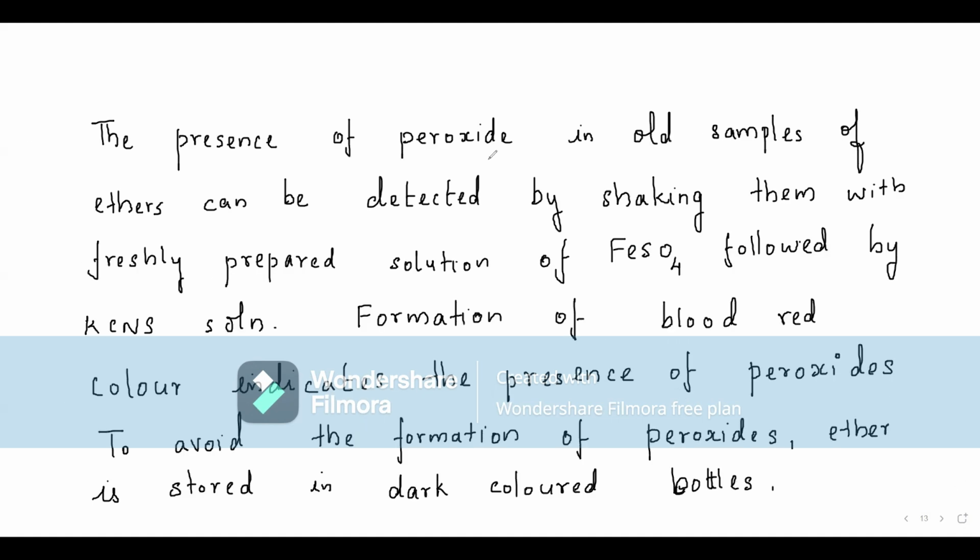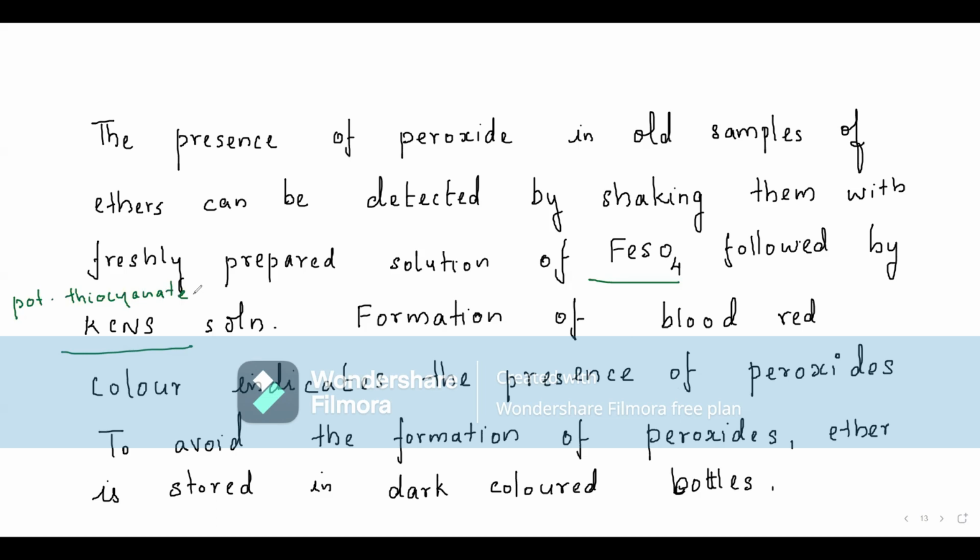The presence of peroxide in samples of ethers can be detected by shaking them with freshly prepared ferrous sulfate solution followed by KCNS solution, that is potassium thiocyanate solution.